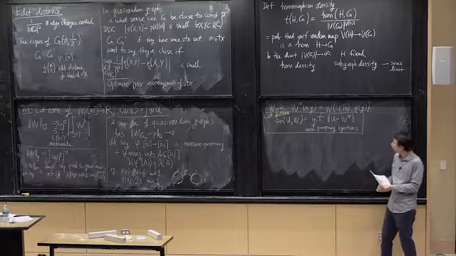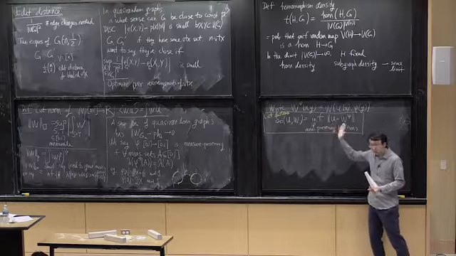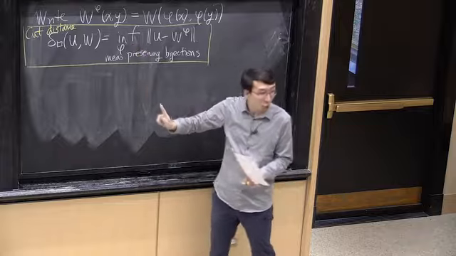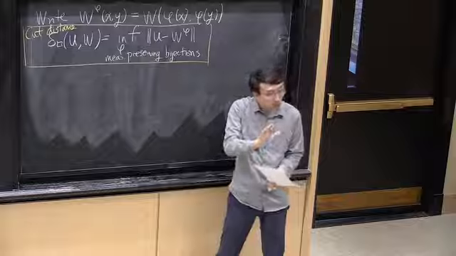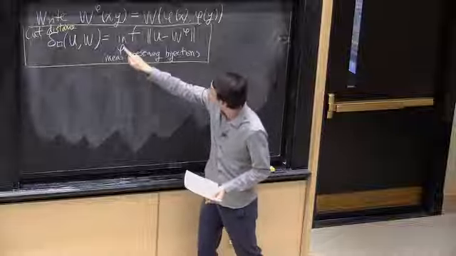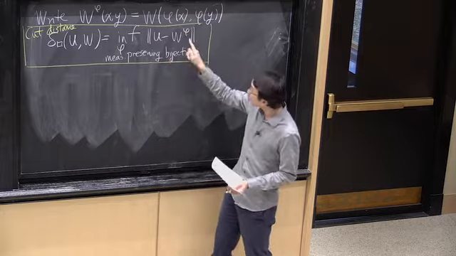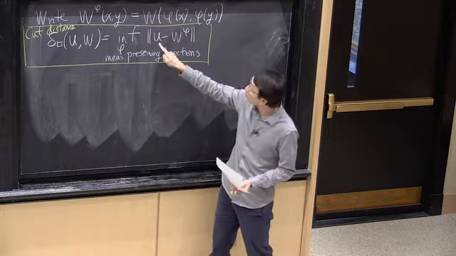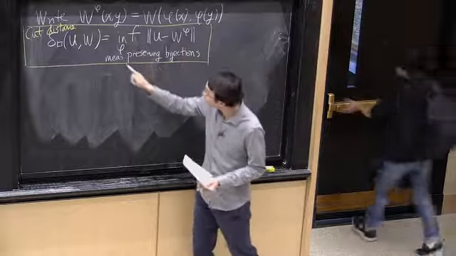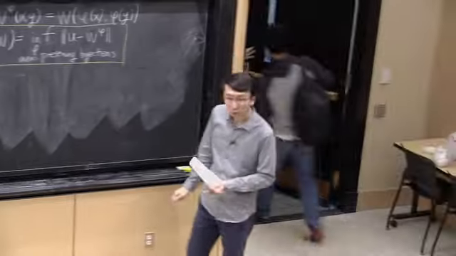I'm looking at an inf, so I haven't told you yet whether you can take a single one, and it turns out that's a subtle issue, and generally it doesn't exist. But I look over all measure preserving bijections phi, and I look at the distance between w and w phi, optimized over the best possible measure preserving bijection.